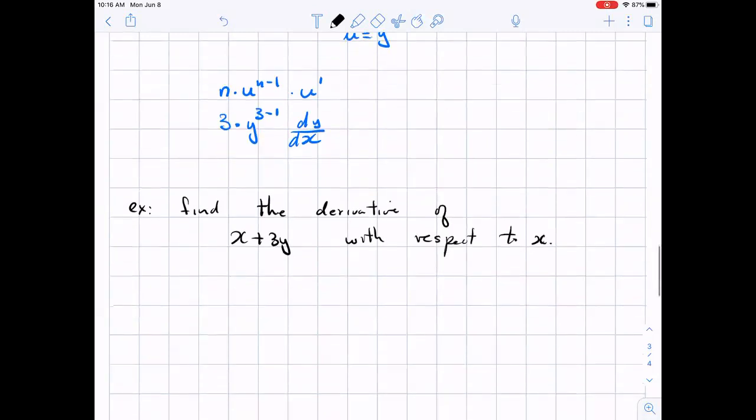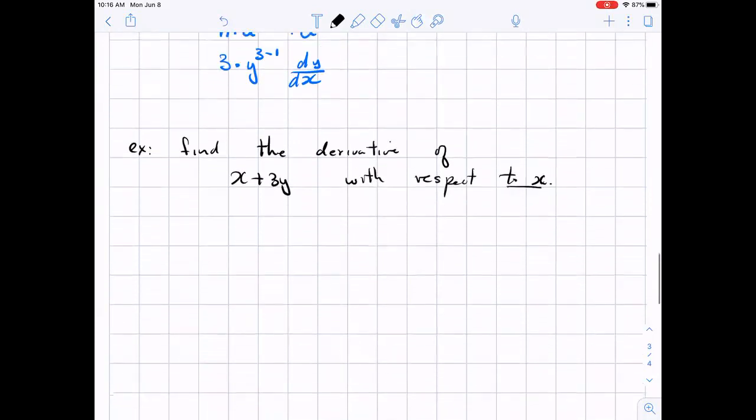Another way of saying this is to say find dy dx. I'm just pointing out it's with respect to x right now. So d dx of x plus 3y.